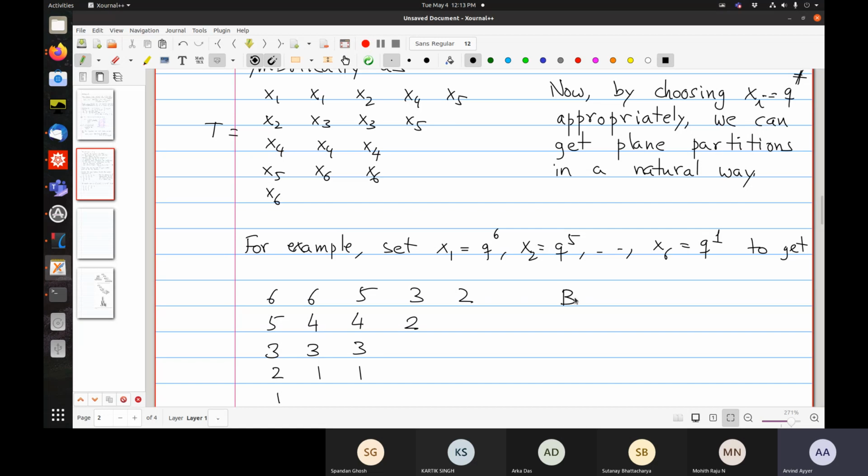But we do not get all plane partitions this way.